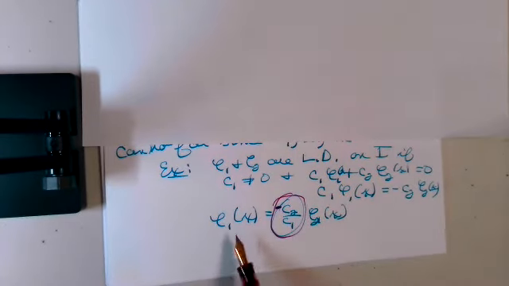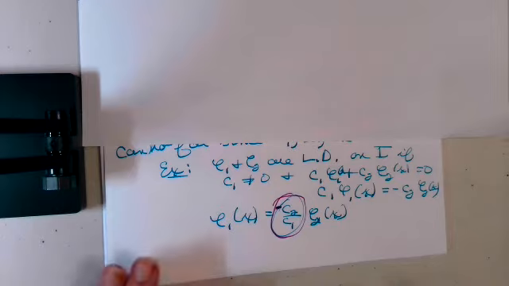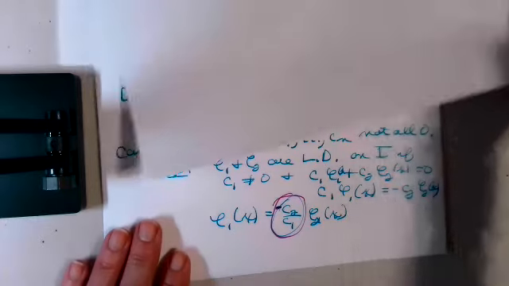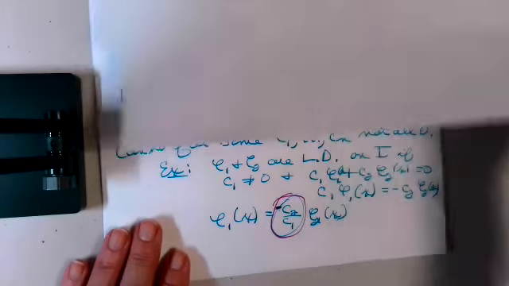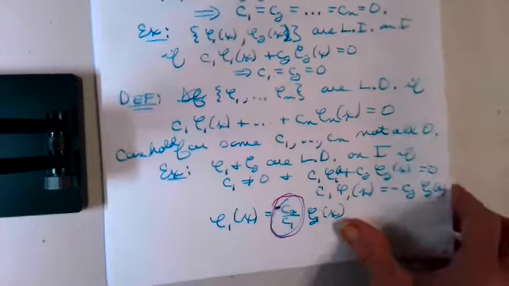In other words, phi1 is a multiple of phi2. So that's what I said way back: when it's just 2 functions, linearly dependent means one is a multiple of the other, and linearly independent means one is not a multiple of the other. Now we need it for more than just 2 functions, and it gets a little more complicated.